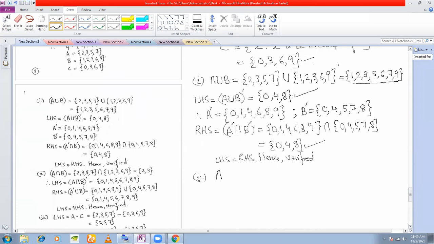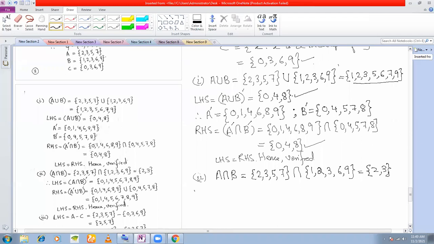So we first find out A intersection B. A intersection B is nothing but the intersection of these two sets. Okay. So if you see, the common elements between the two are 2 and 3, only 2 and 3. Okay.